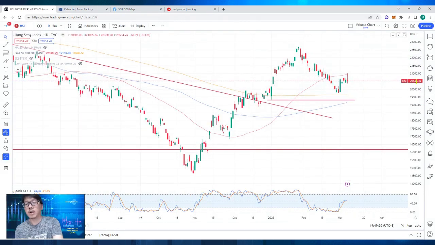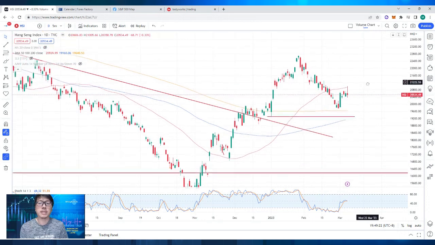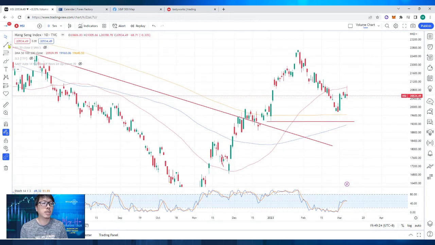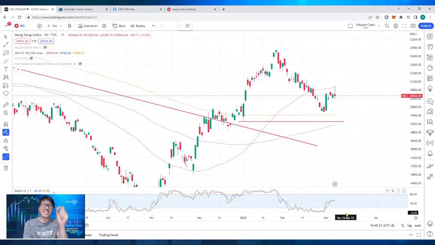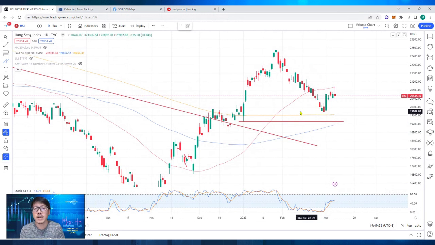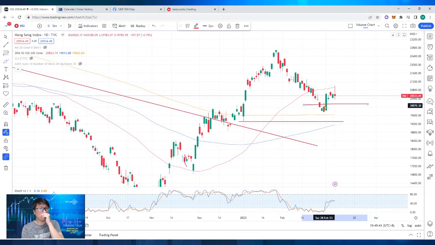The last time we spoke about the Hang Seng, we were talking about the 20,000 level, a psychological level where we expect to see whether the market holds or not. In fact, it went down below, I think all the way to maybe 19,600.